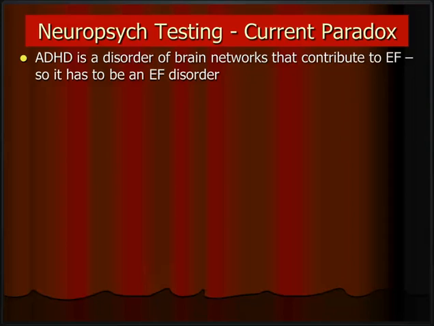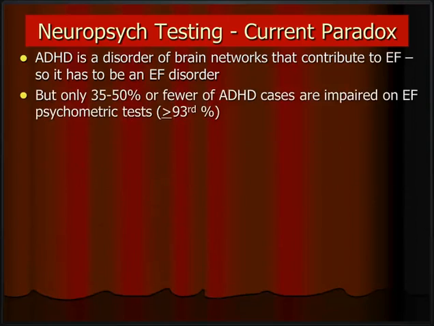Indeed, there is a paradox in the literature right now on this issue. For instance, if you give executive function test batteries to people with ADHD, you are likely to find that only about a third of them, or at most a half of them, are likely to fail these tests or place in the impaired range. For instance, getting a score in the bottom 7th percentile of the population, or more severe than 93% of the population.